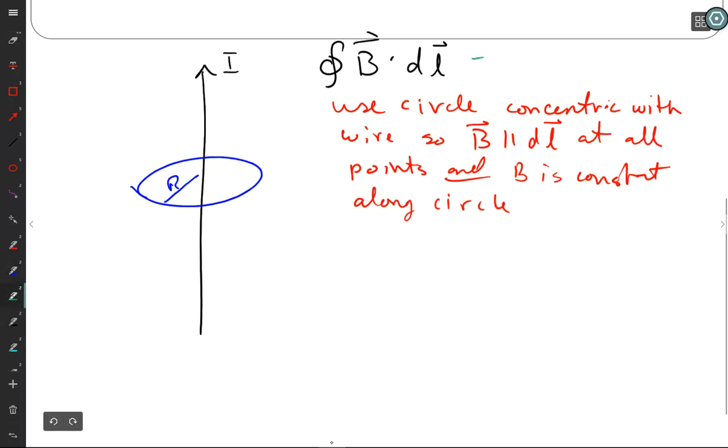So what's the other side of the equation? Mu naught I. So the black part, the integral of B dot dl: since B is parallel to dl, what does that tell us about the integral? Just the parallel part.